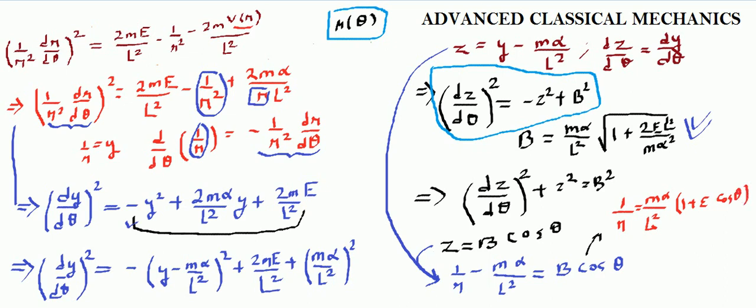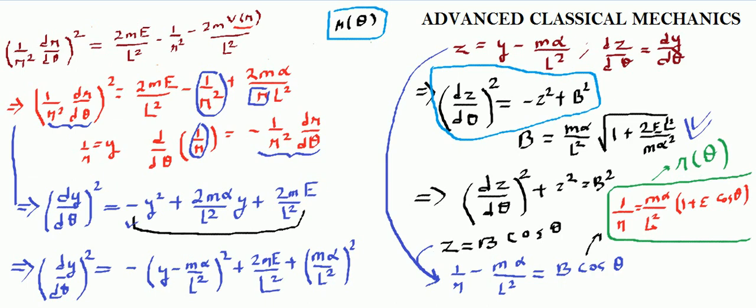So this is the main equation. This is the final equation that says how r will look in terms of θ. Don't you see, this is an expression where r is in terms of θ. One side we have r and the other side we have all in terms of θ.